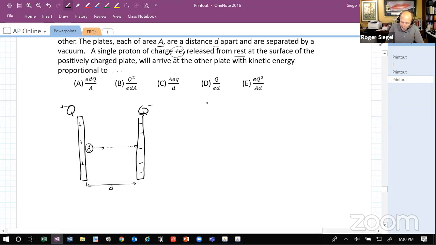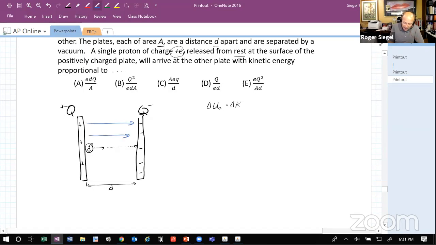And so we're going to set the change in potential energy, the electrical potential energy of our particle, equal to kinetic energy. It's always good to think about what that is. If you recall, we've said that this field is uniform.